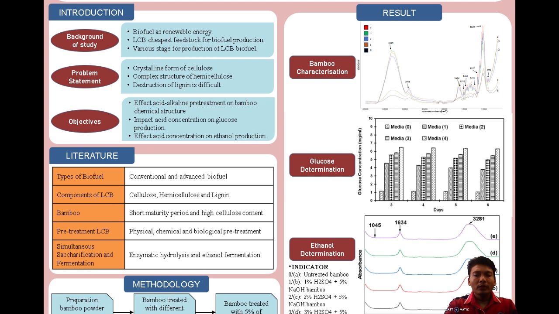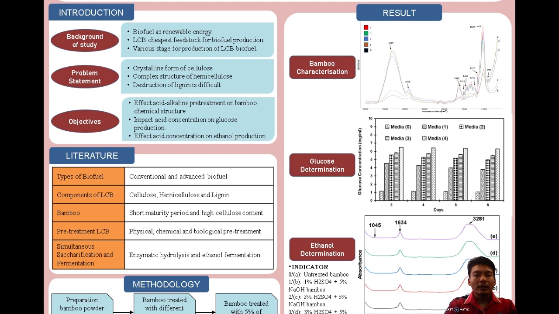There are various stages for producing bioethanol from LCB, which are LCB pretreatment, hydrolysis, fermentation, and purification of the products. Hence, this study will precisely describe the pretreatment used for LCB before the enzyme and hydrolysis process.